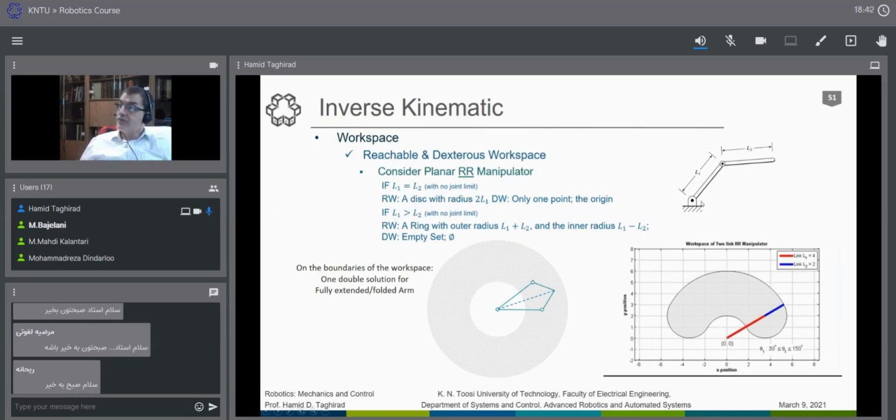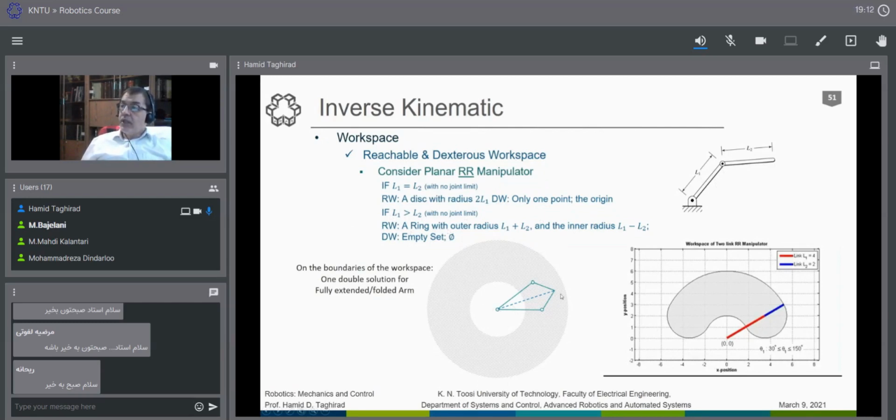But in terms of workspace, which is the first basic intuition that we have in robotic manipulators, if L1 is greater than L2, and again consider that we have no limit in the angular rotation of the joints, then we have a workspace, as you see here, which is a ring.